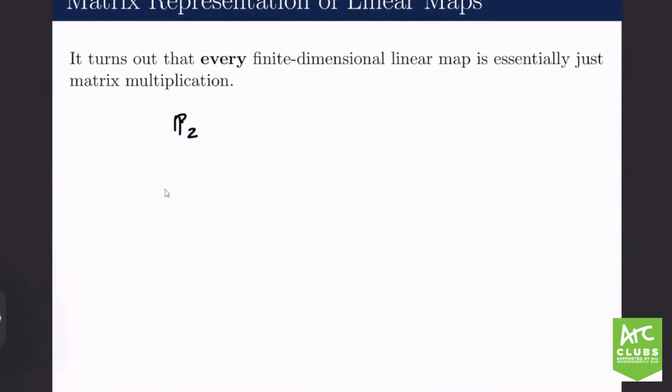In order to do that, essentially all we need to do is find coordinate vectors. Remember from the previous topic that any vector in a vector space we can represent with respect to some basis by finding its coordinates.